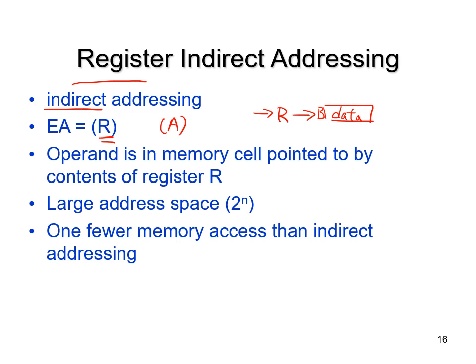Therefore now the operand in the memory cell is actually pointed to by the contents of the register R instead of the memory location used in indirect addressing. And again, the advantage of register indirect addressing is that it can enlarge the address space up to 2 to the power n. But the performance should be better because we have fewer memory accesses.